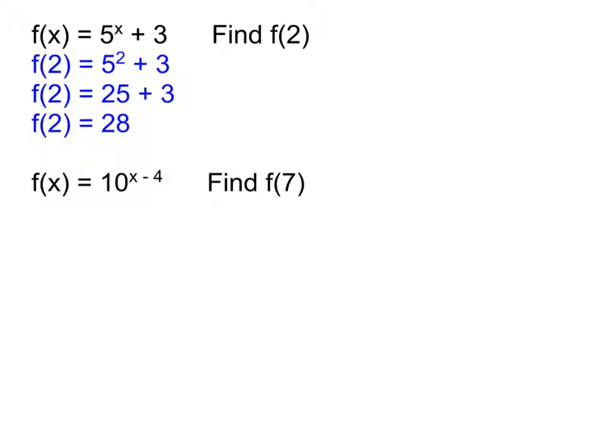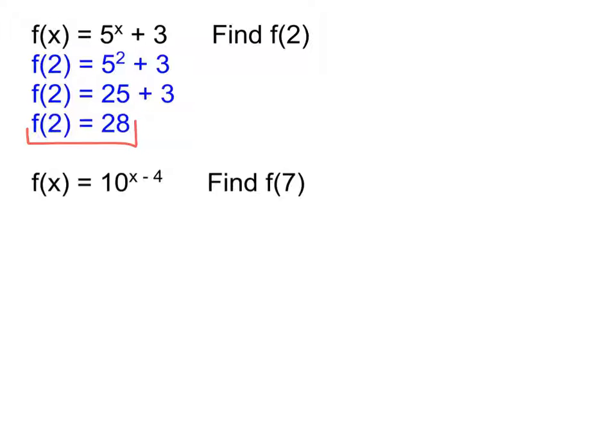Notice on these, the f of x from the original problem, I rewrote it as f of 2 once I plugged the 2 in for x, and then I just tracked down f of 2 equals, f of 2 equals. One of the reasons why this function notation exists, why we write it this way instead of where x equals, is that it allows us to look at this final answer, and it tracks both what we plugged in, the 2, and what we got out, the 28.